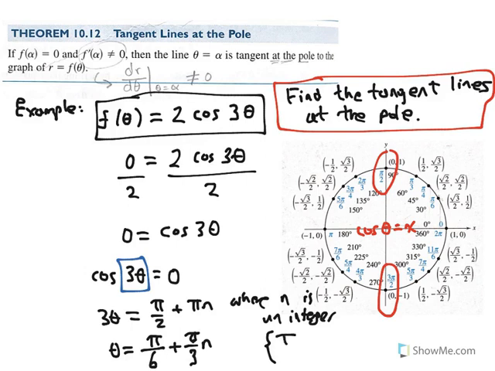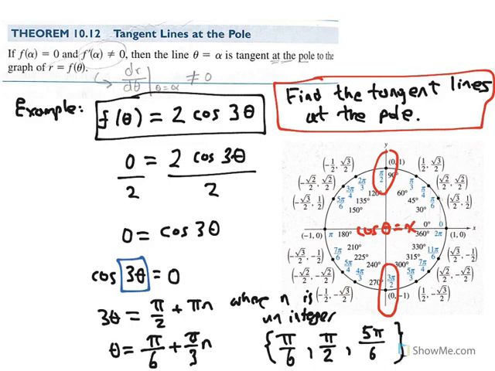So when n is equal to 0, you just have pi over 6. When n is equal to 1, you have pi over 6 plus pi over 3, and that will be pi over 2. And when n is equal to 2, you have pi over 6 plus 2 pi over 3, and that's going to be 5 pi over 6.